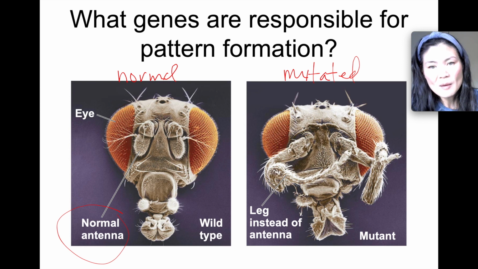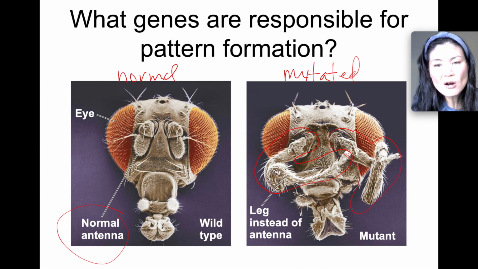But over here, unfortunately for this fly, in the laboratory, scientists turned on the wrong genes in the wrong place, and instead this fruit fly was born with legs instead of antenna. So, pattern formation is the spatial development of organs and tissues in the right place.